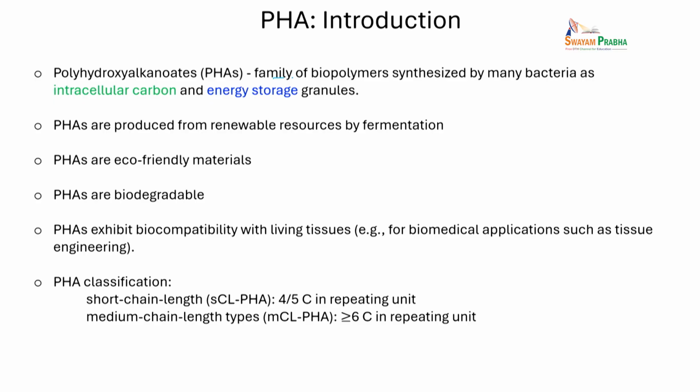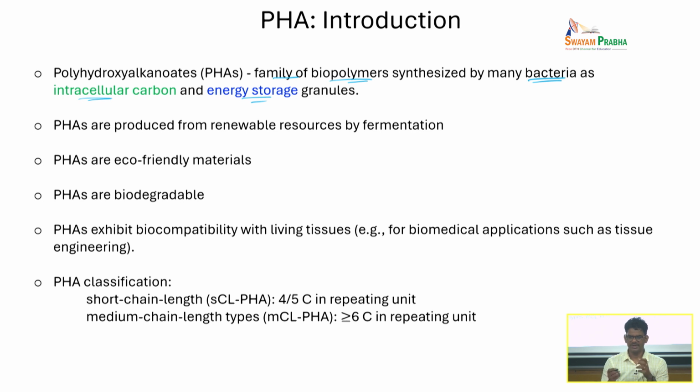Some introductory remarks. Polyhydroxyalkanoates are a family of biopolymers synthesized by several kinds of bacteria. These bacteria make these polyesters to store as intracellular carbon and for energy storage as granules.